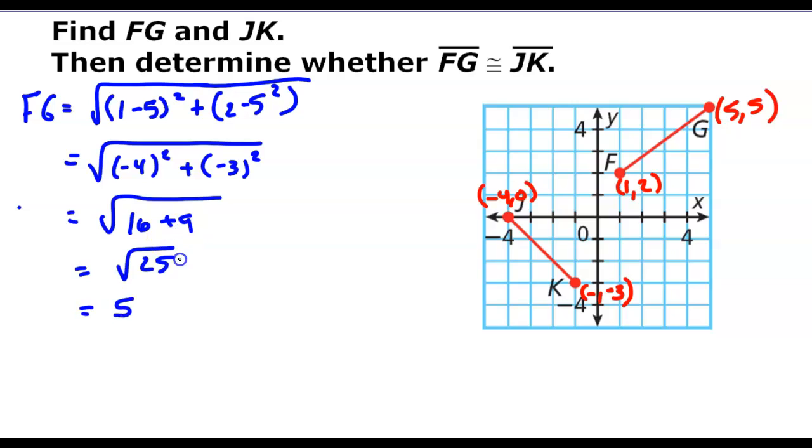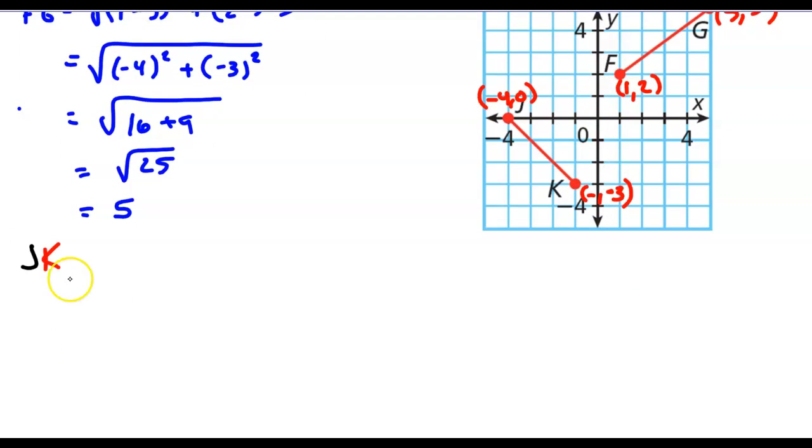Then I'm going to do the same thing for JK. So here's JK. So JK is going to be equal to, take my first x value, negative 4, subtract my second x value, which is negative 1. So notice it's a double negative. The formula has a negative, the x value has a negative, and then I square it, plus I have 0 minus negative 3.